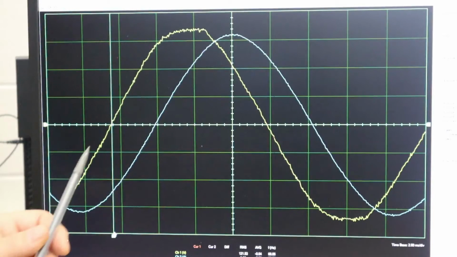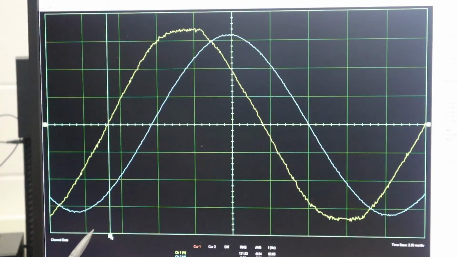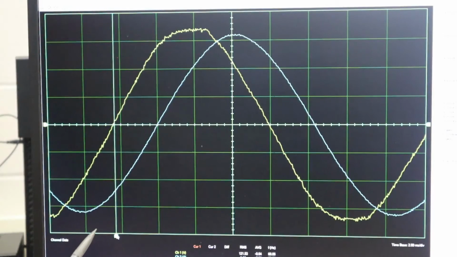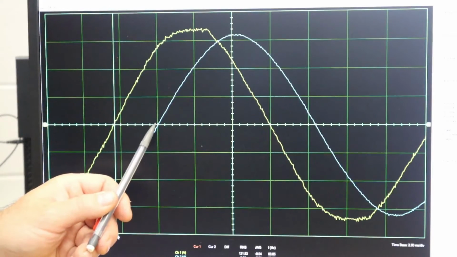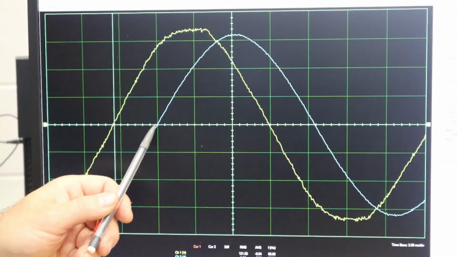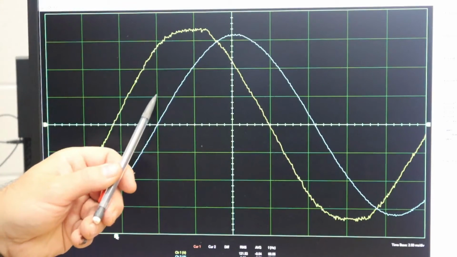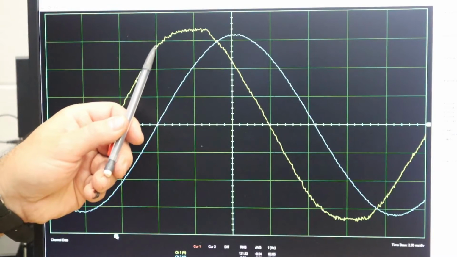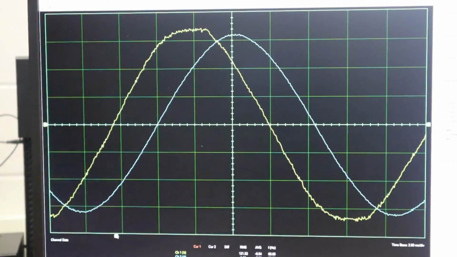Also, if you'll note, we'll use this as a reference. You notice where the current starts and it intersects with this line. If I follow the line up, you'll notice that the voltage waveform is at the top and it's in its positive alternation.